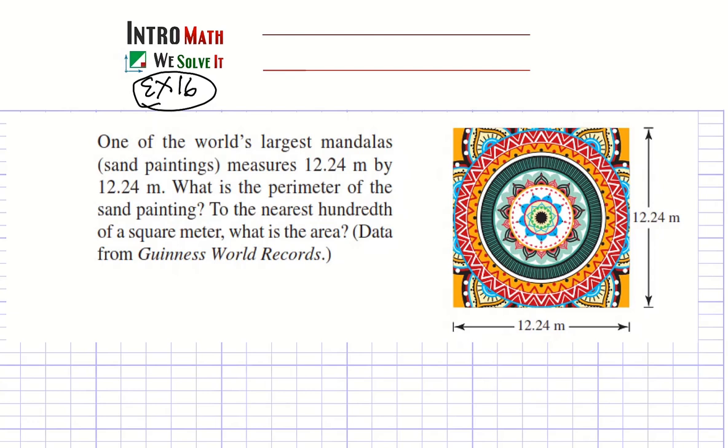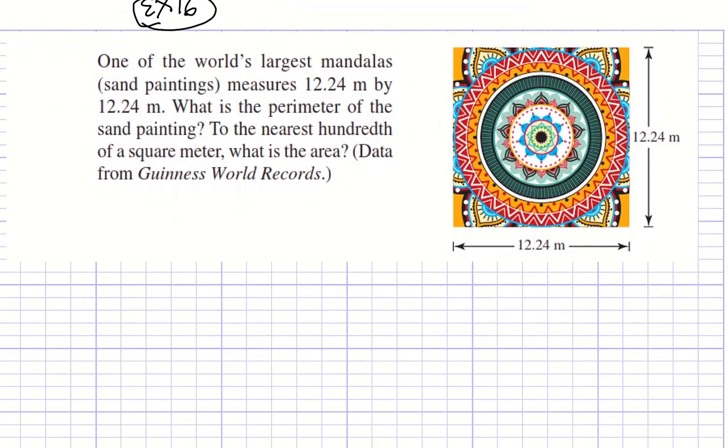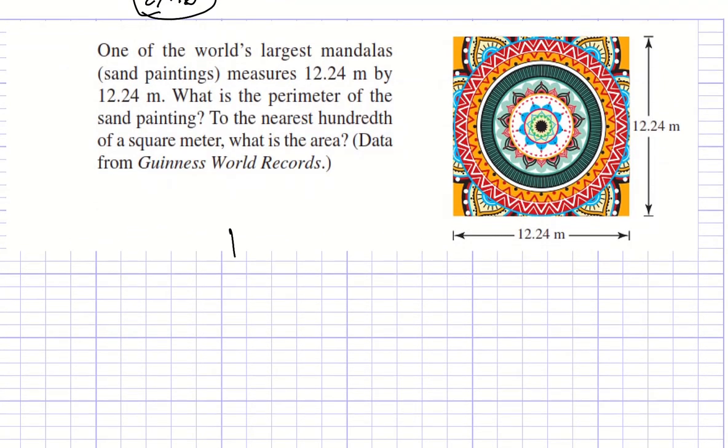Okay, see, it's like the other problem. They will give you the formula for the perimeter of a square. Based on what we know, the perimeter of a square will be 4s because the sides are equal, 4 sides, 4s, okay?